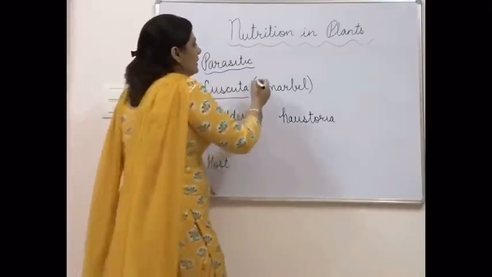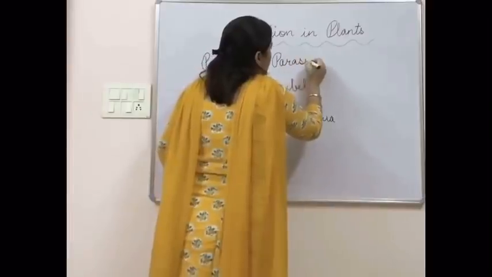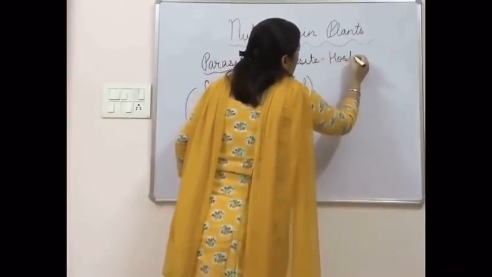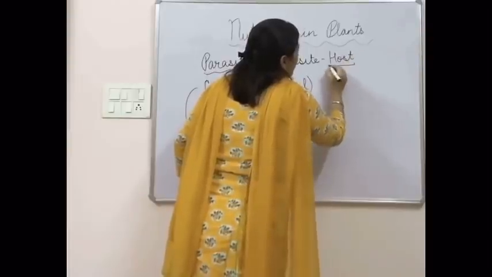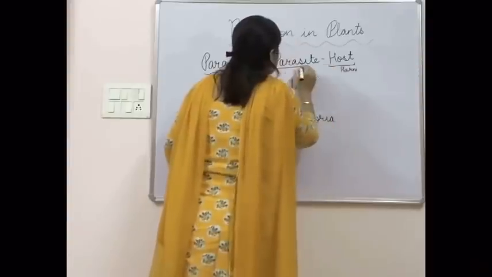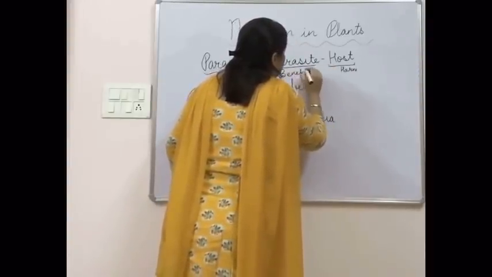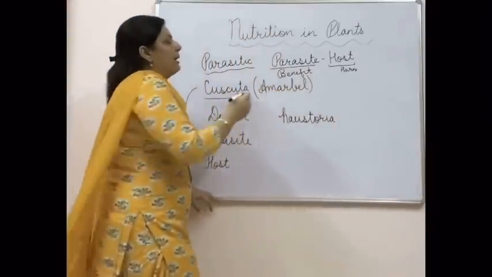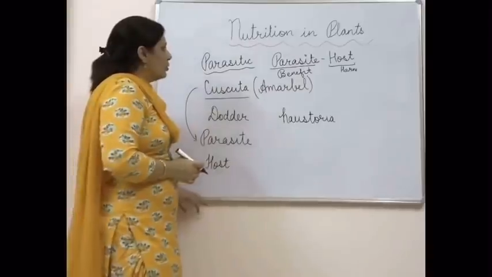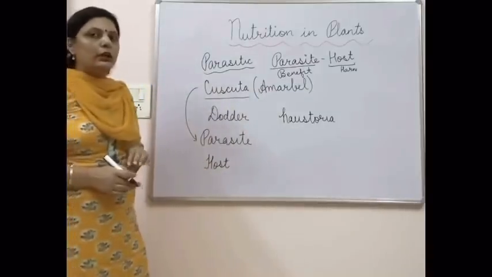So it is a relationship between parasite and host. In this case, the host gets no benefit, rather it is harmed, whereas the parasite gets all the benefit. And this is the reason the parasite survives on the host. So this is the parasitic mode of nutrition, very commonly seen in cuscuta.